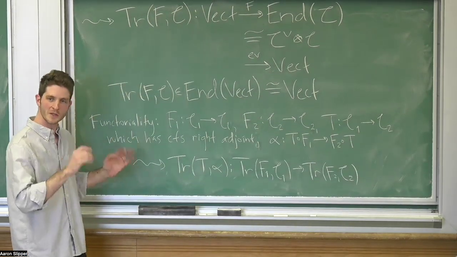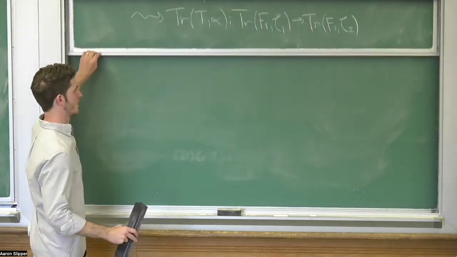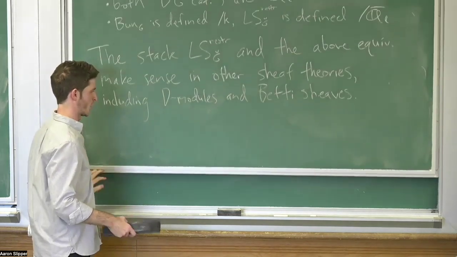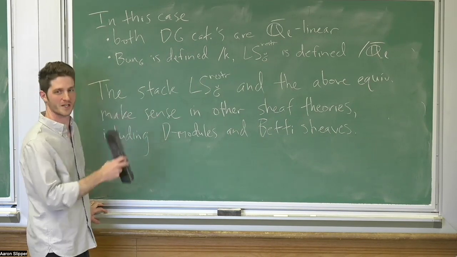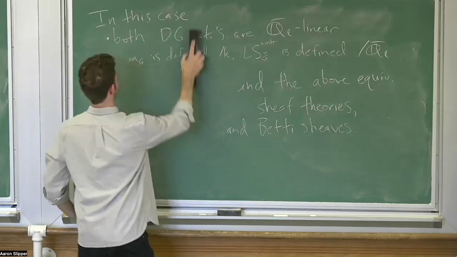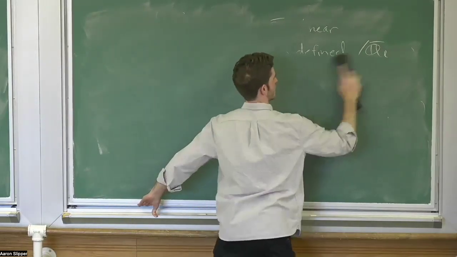Hopefully this is believable, even if we don't see the mechanism right away. It's something very formal. Doing this for ordinary 2-categories, as opposed to infinity 2-categories, would be an exercise, but it's harder in this generality.